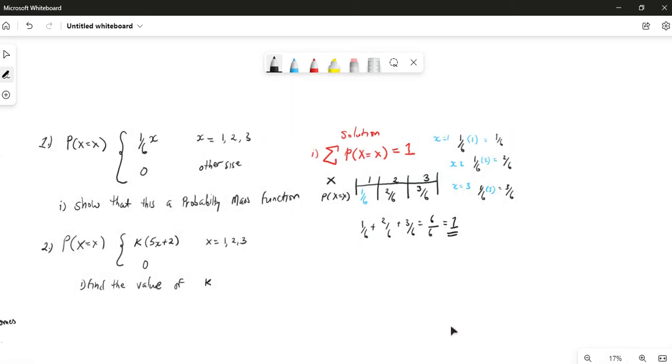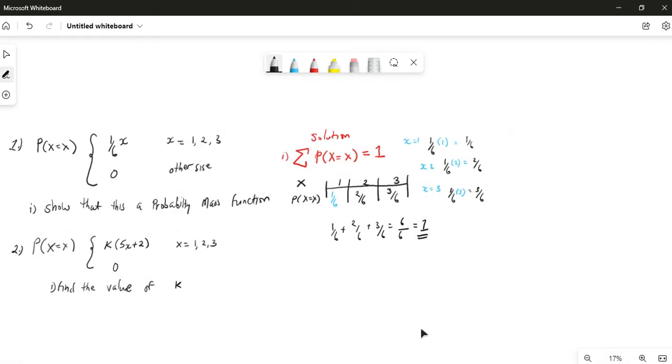All right, we go to the second question. We have another probability mass function given. Find the value of k. Also here, to find the value of k, we'll need to make a discrete probability distribution.